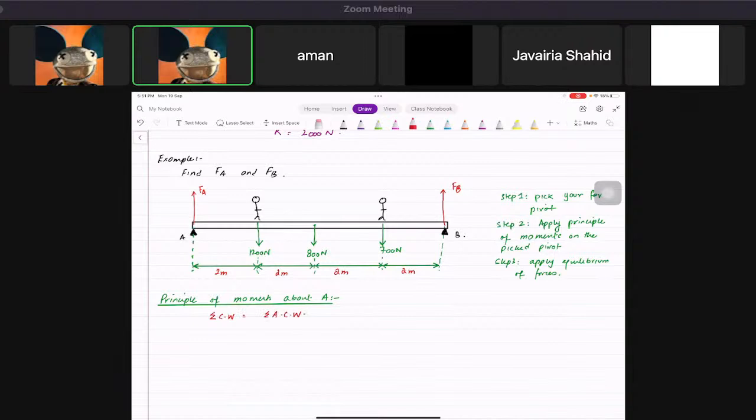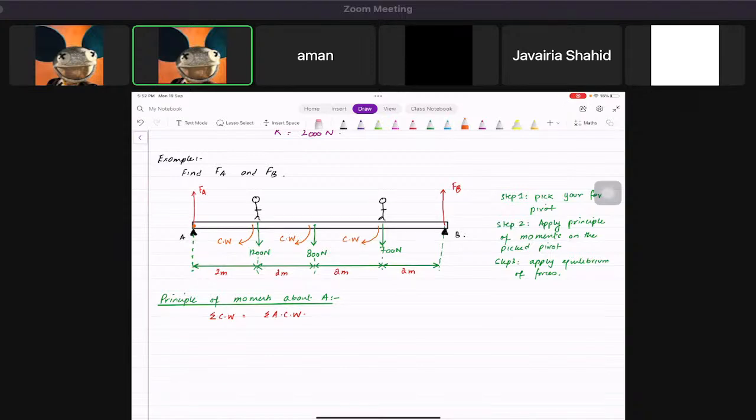Now, when you pick a pivot, just forget the other one and see what is happening. So first of all, you see 1200 about this pivot, and you realize that it's trying to turn it clockwise. This force is also trying to turn it clockwise. This force is also trying to turn it clockwise.